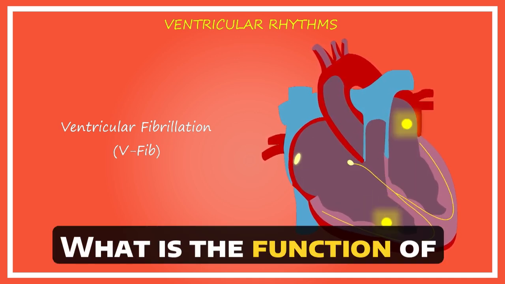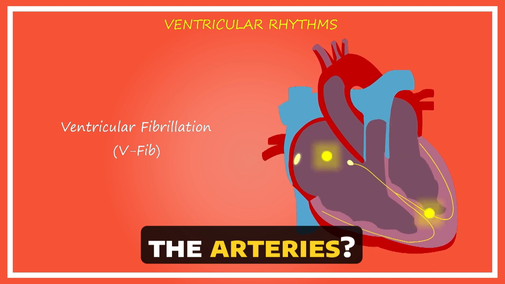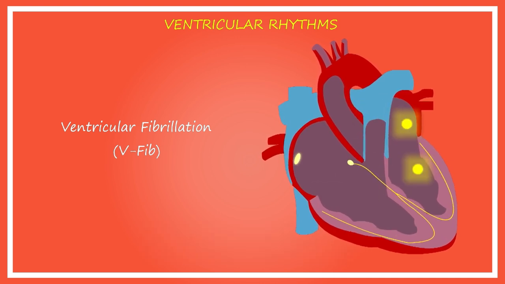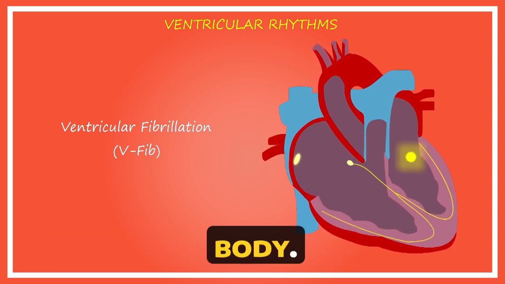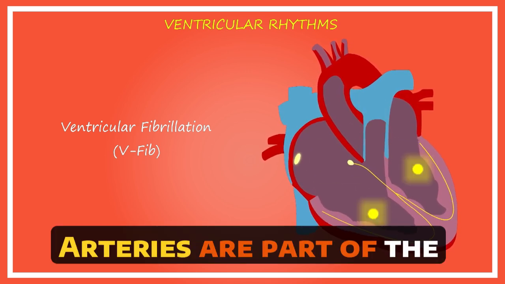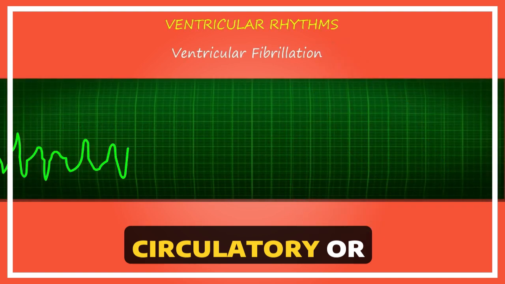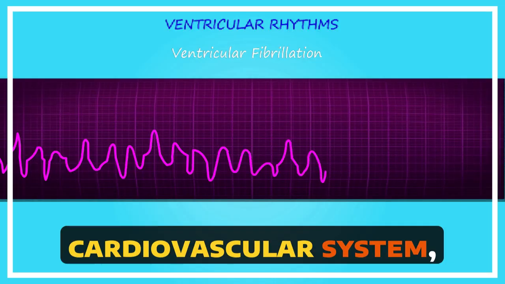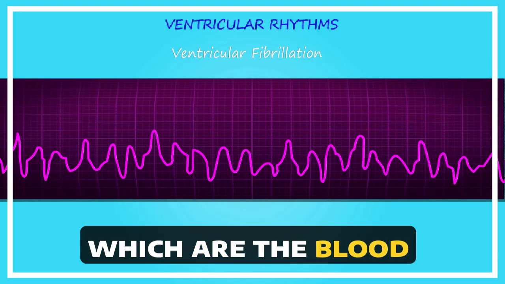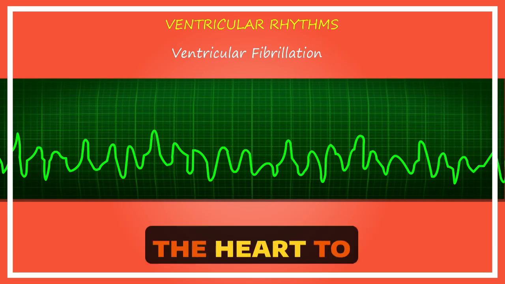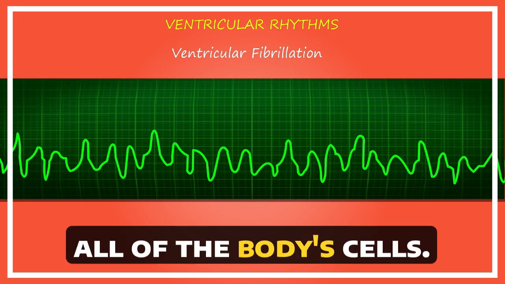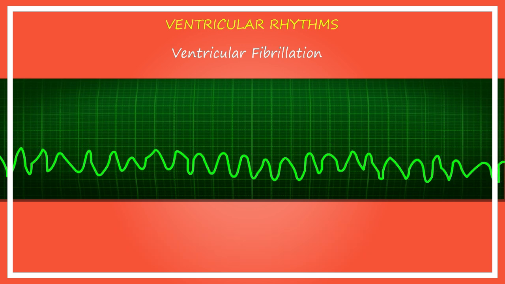What is the function of the arteries? Answer. Arteries distribute oxygen-rich blood to the body. Arteries are part of the circulatory or cardiovascular system, which are the blood vessels that bring oxygen-rich blood from the heart to all of the body's cells.